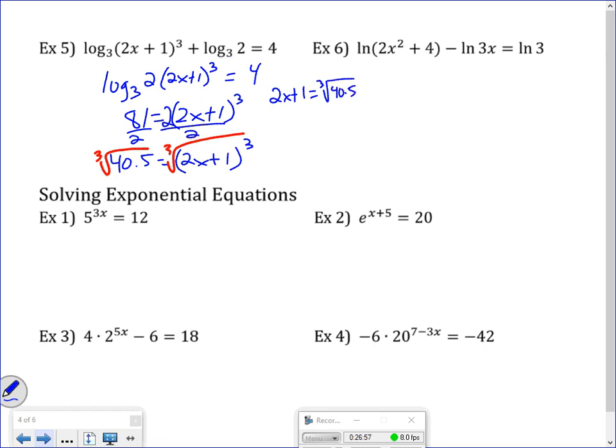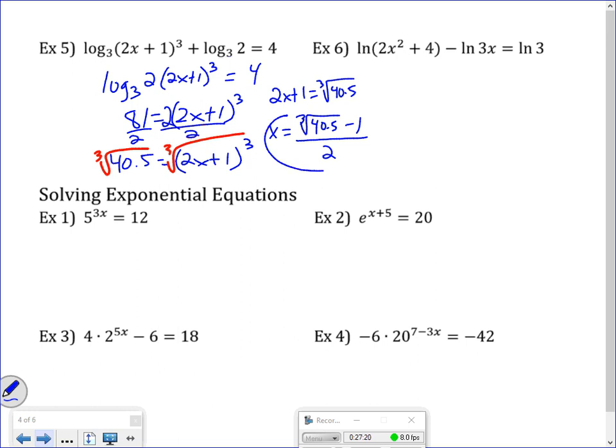Let's treat this like we don't have our calculator with us. What two steps am I going to do to solve for x? I subtract 1, and I divide by 2. So I have the cube root of 40.5, take away 1 from it, and divide it all by 2. If I didn't have my calculator, I could write that.